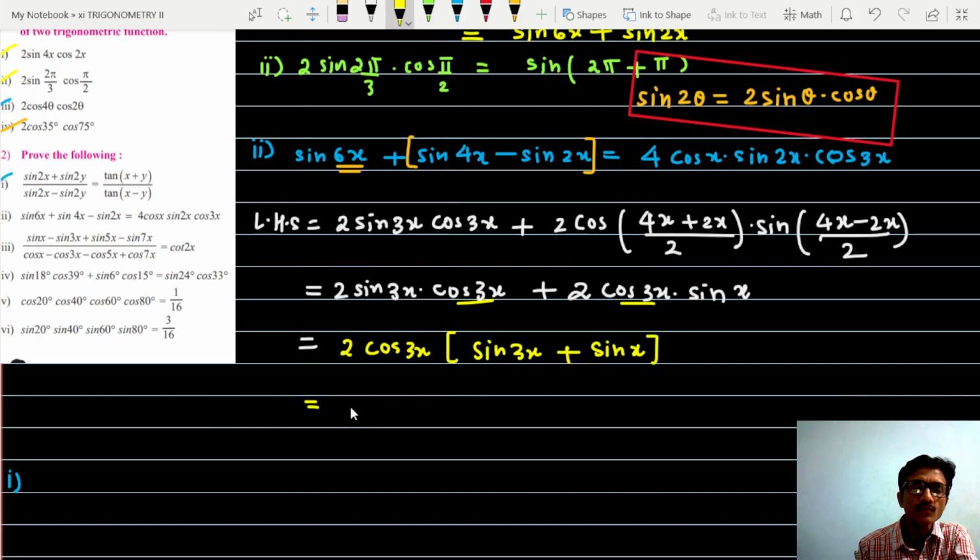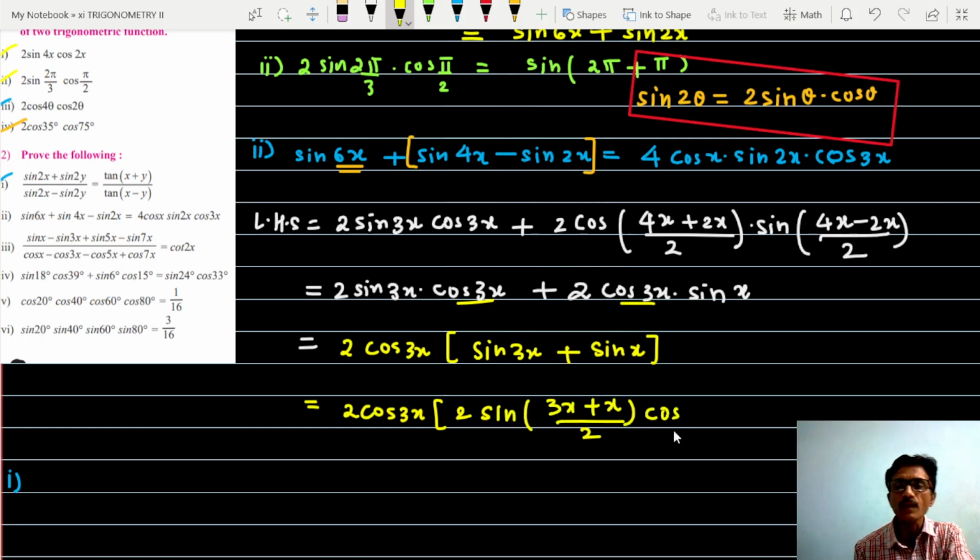This is equal to 2 cos 3x into sin c plus sin d formula we use here. 2 sin c plus d upon 2, that is 2 sin 3x plus x upon 2 into cos c minus d upon 2, that is 3x minus x upon 2.